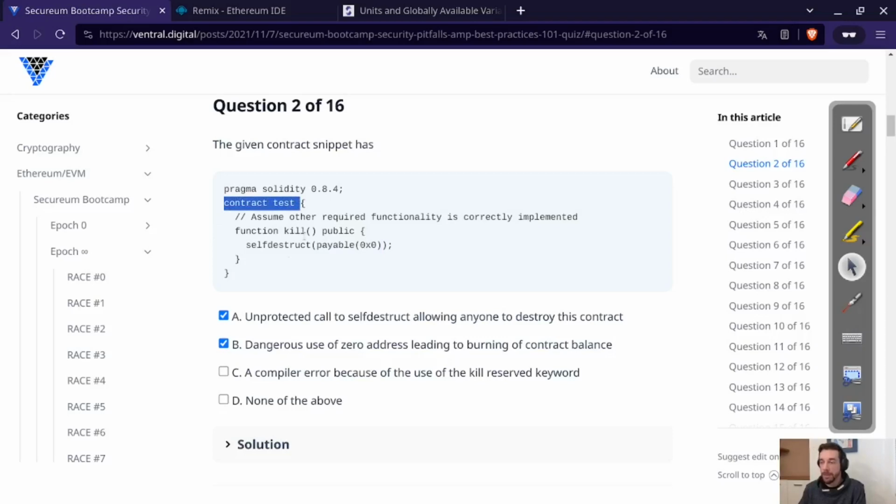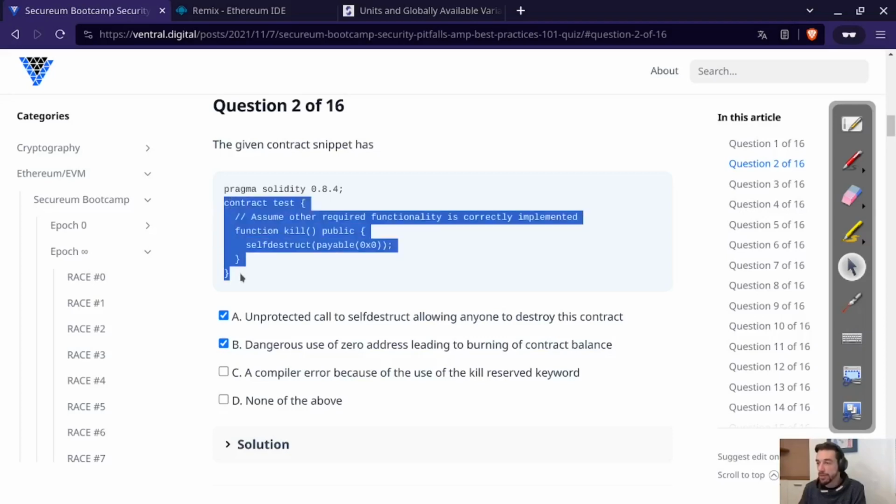If you have a USDC balance, the balance of this test contract would be stored in the USDC contract. So even if this contract is self-destructed and all of its state is gone, the balance of this contract would still be in the state of the USDC contract. So be careful with that.